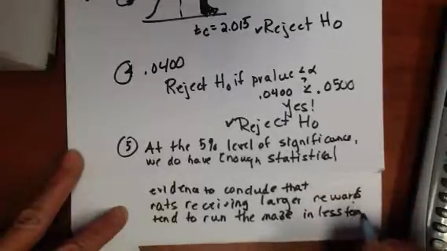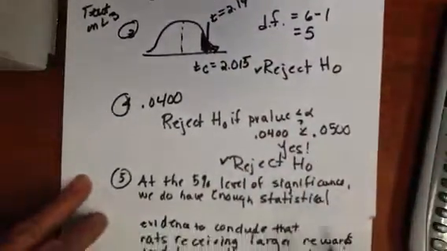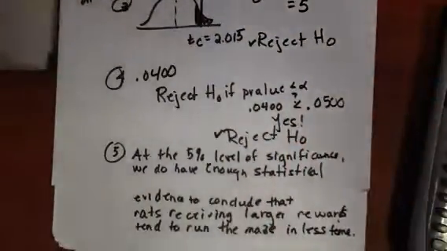So we do have enough statistical evidence to conclude our alternative, that giving them larger rewards helps them run the maze in less time.